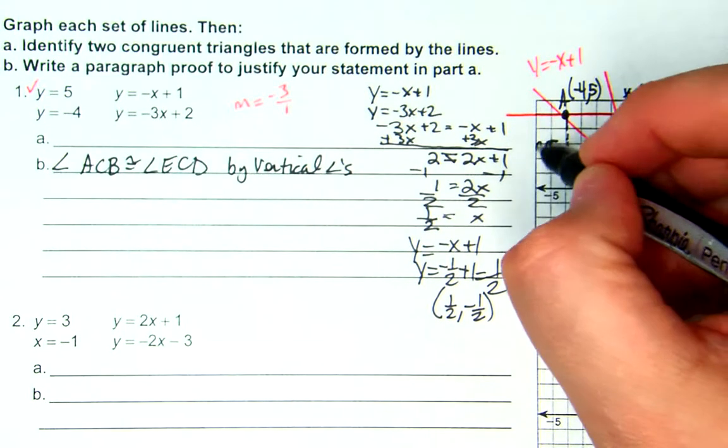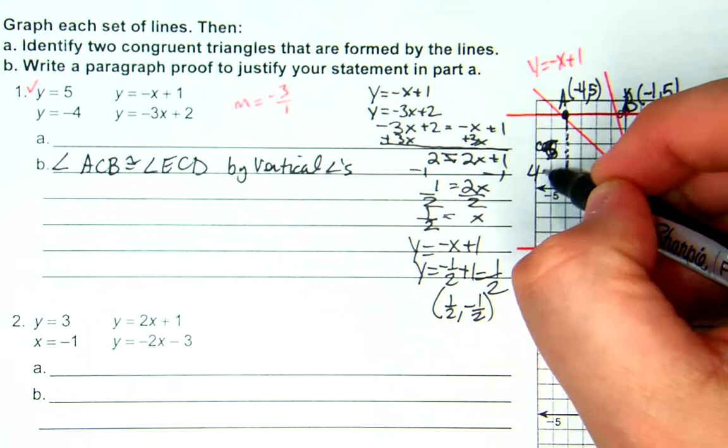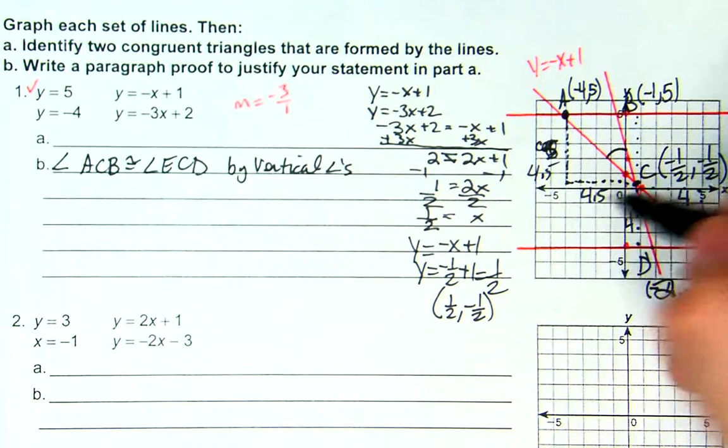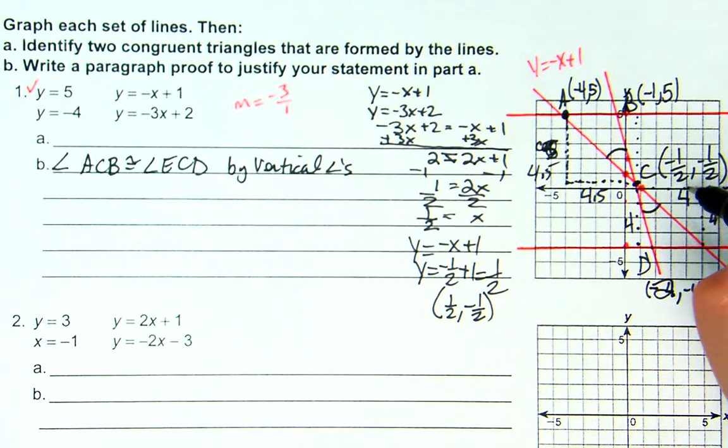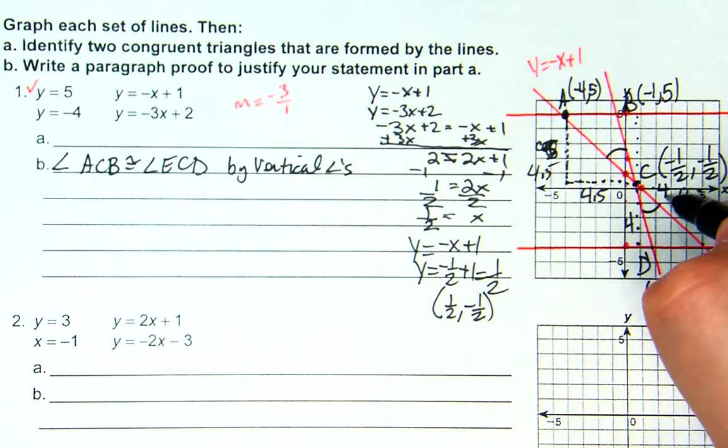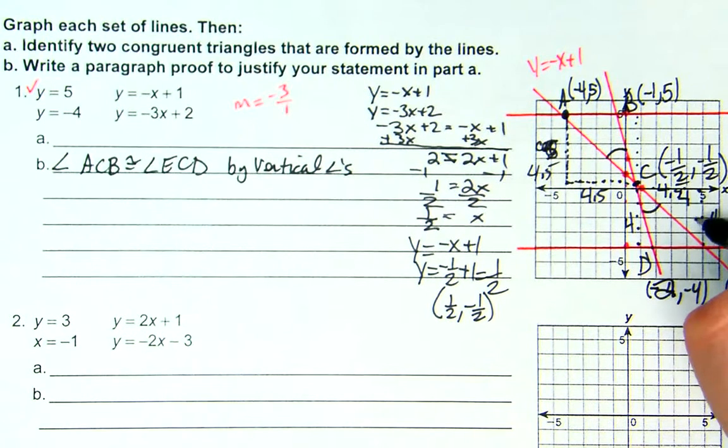Actually, that's not at 5. That's at 4.5. So that's at 4.5. And that would be at 4.5.